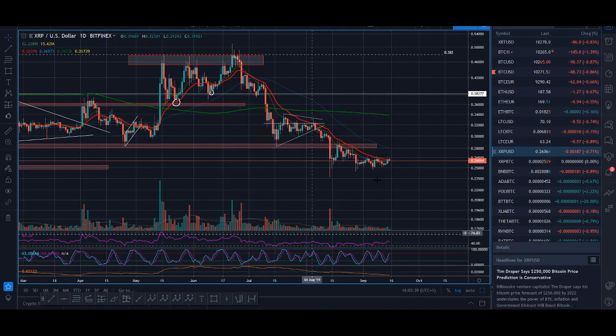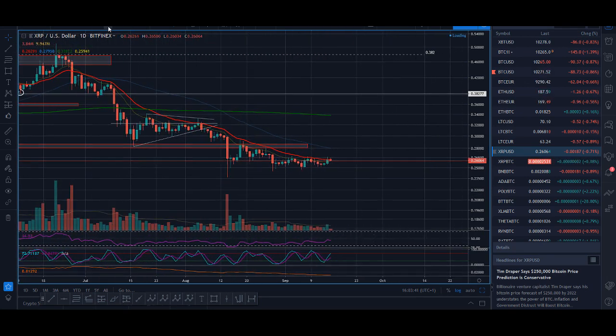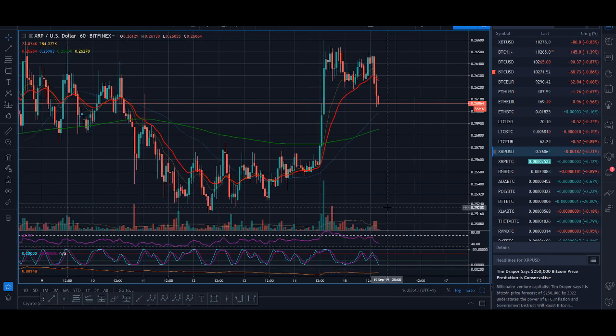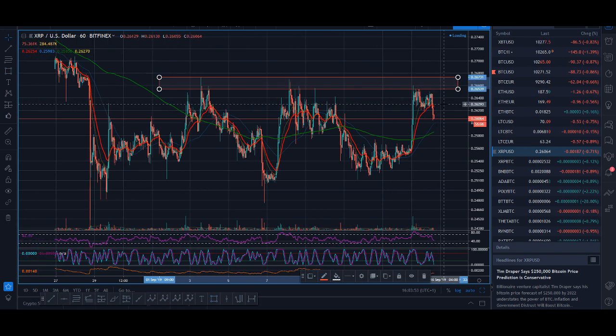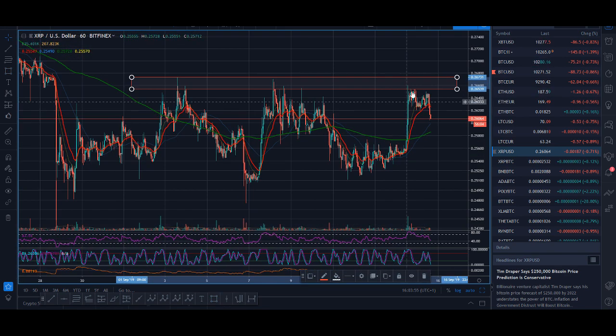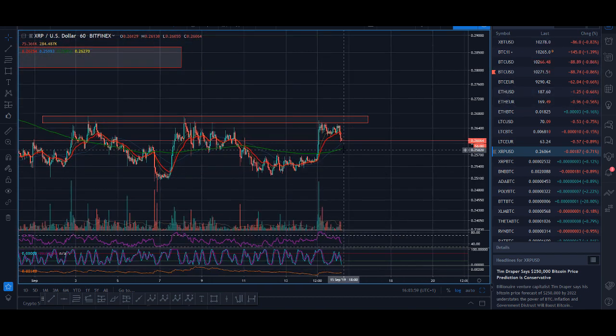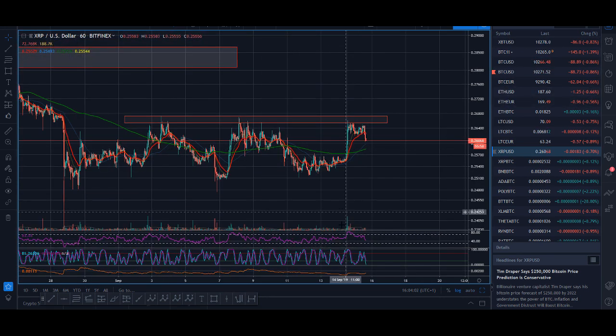What I would like to do is go down to the hourly time frame, and you can see this is a level it's hit so many times and it couldn't get above. So if it breaks above this red zone, XRP, then it does my strategy that I teach, which is a pullback to my red moving average.